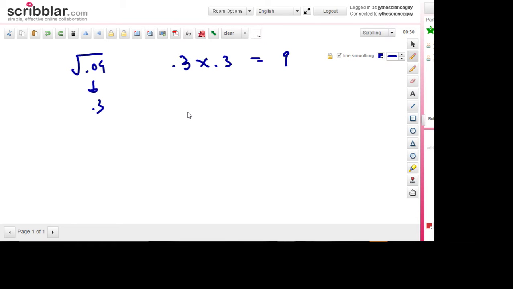Yeah, it moved. So you have to put a 0 there because you have 2 numbers behind the decimal here. So there has to be 2 numbers behind the decimal there. So you have to put that 0 in front of the 9. And the square root is asking what number times itself is equal to 0.09. That's actually what the square root does. Are you with me? Yep.